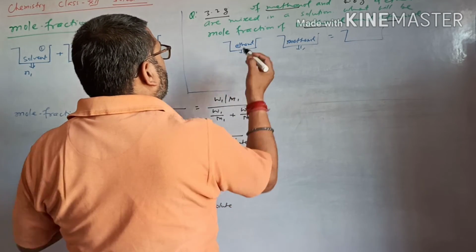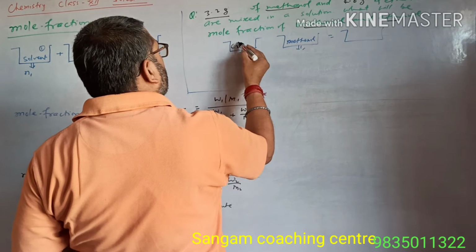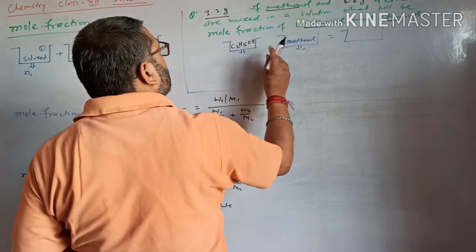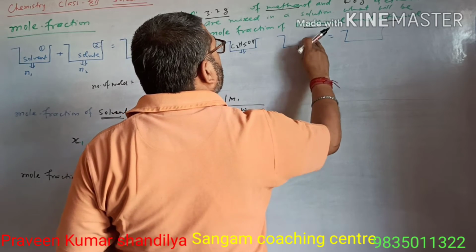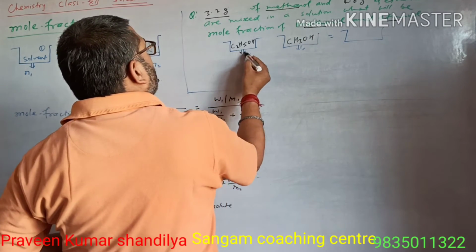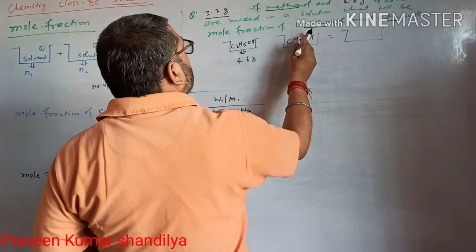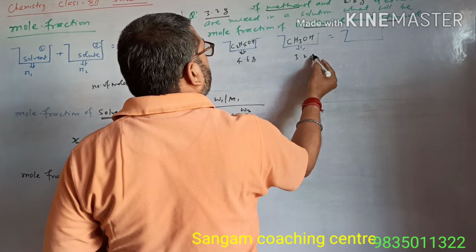We know, here is ethanol. What is the formula of ethanol? Ethanol's formula is C2H5OH. And the formula of methanol is CH3OH. Ethanol is 4.6 gram and methanol is 3.2 gram.